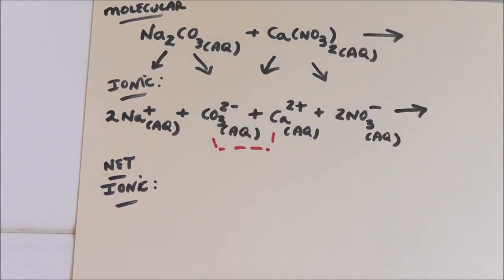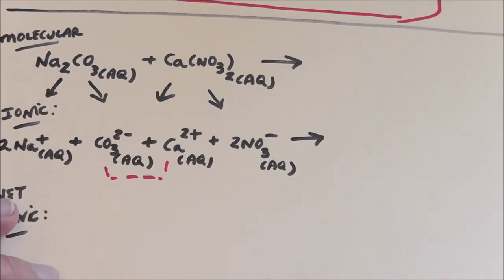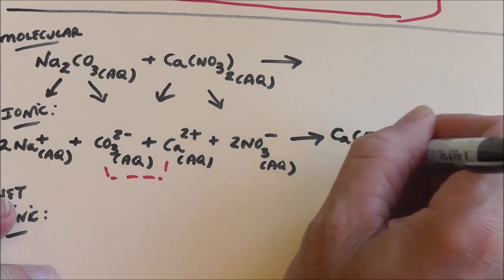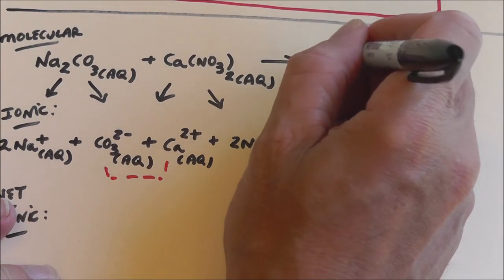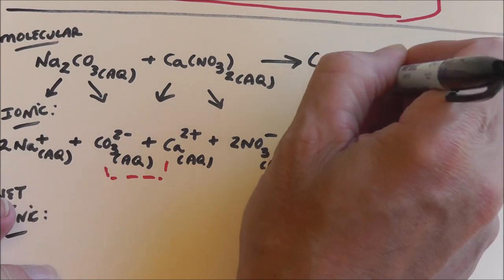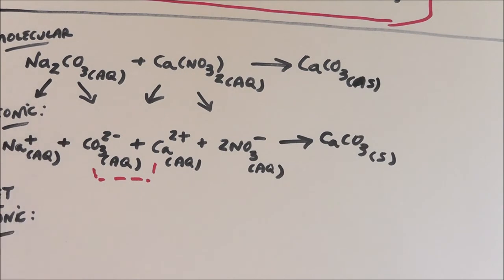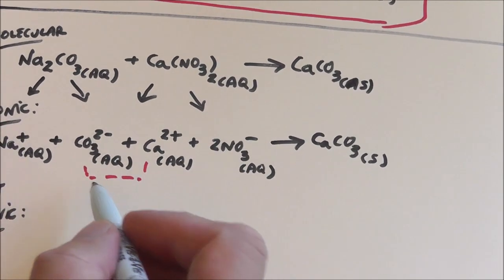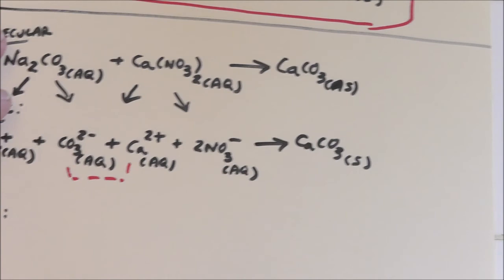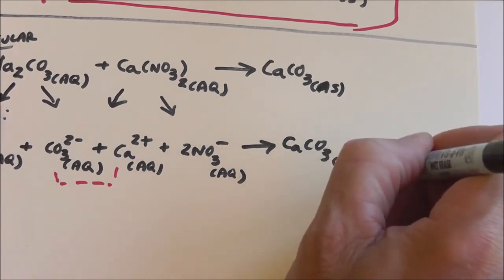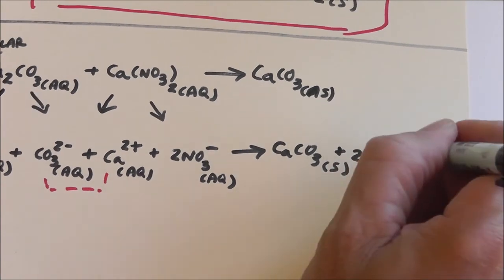And so what we're going to do now is we're going to slap them together and write that formula in the correct fashion with the metal on the left and the non-metal on the right. And so it's going to be CaCO3 solid. Both down there and up here in the molecular form. I almost wrote an AQ there. So now what's going to happen to the leftovers? They're going to be spectator ions, so I'll include them just the way they are, Na+ and 2NO3-.